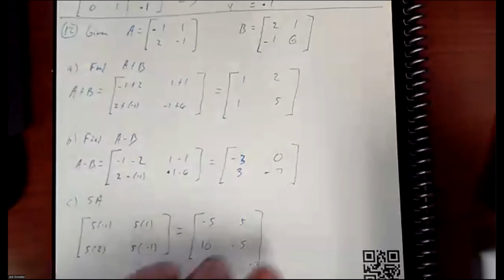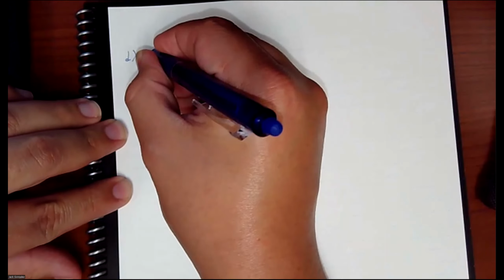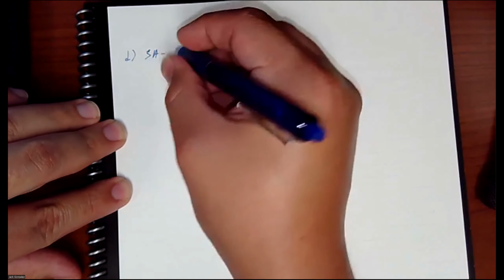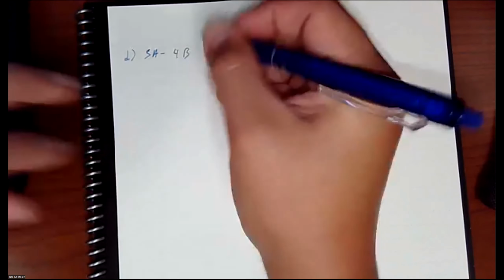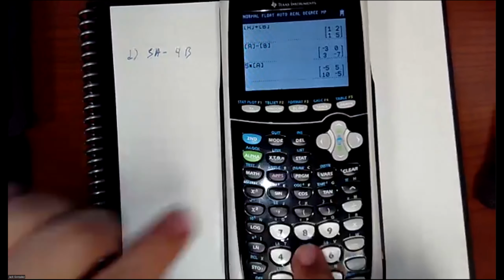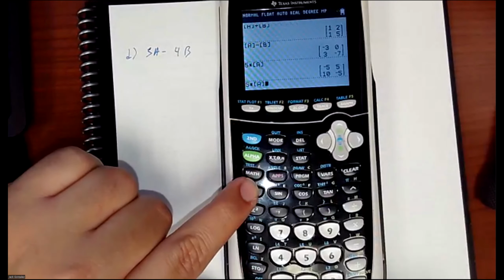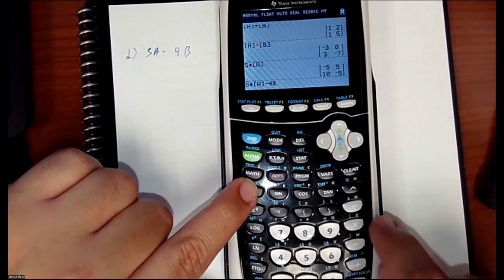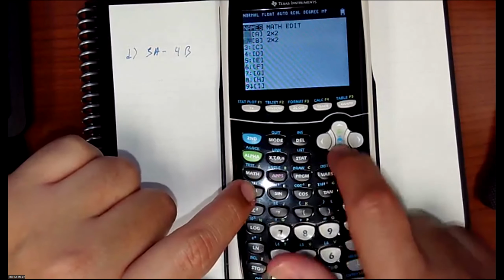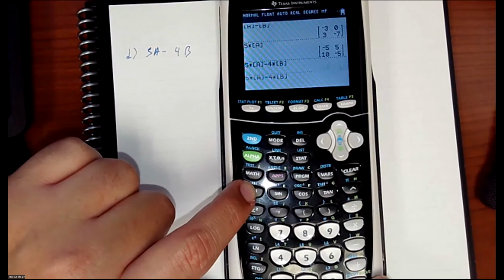And D said find 5A minus 4B. So just plug in those numbers and you'll be good, right? So 5 times your A minus 4 times your B. And that's it.